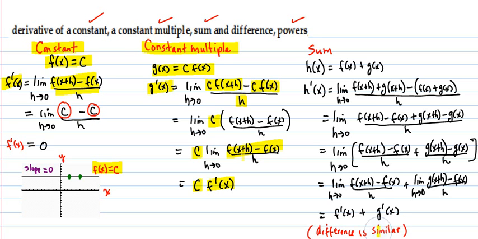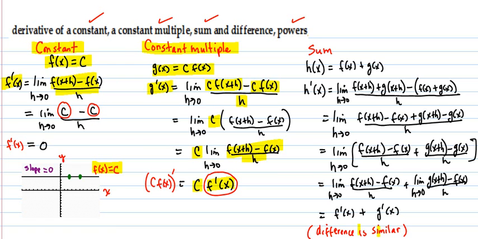And you just have the difference quotient of f there, which as h goes to 0 gets you to f prime. So the derivative of a constant times f is a constant times f prime. We use that rule a lot.